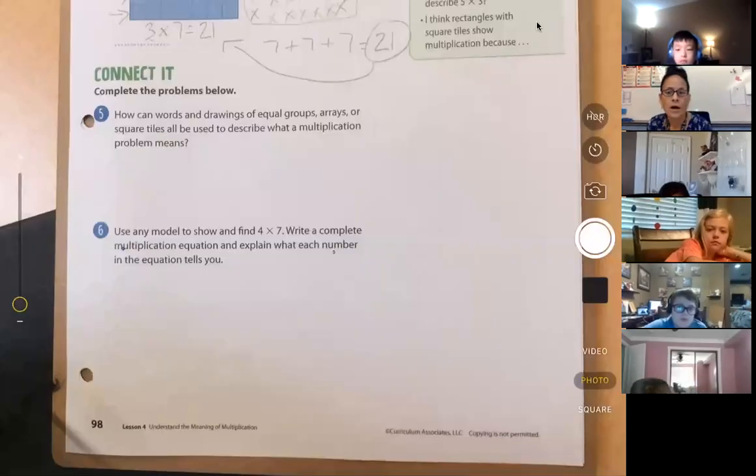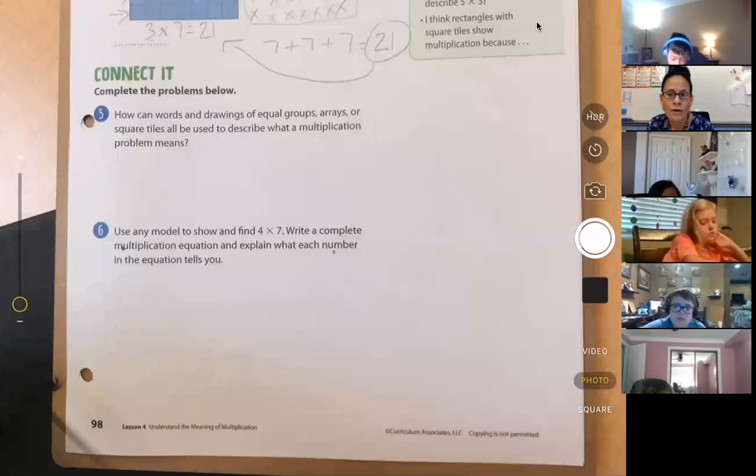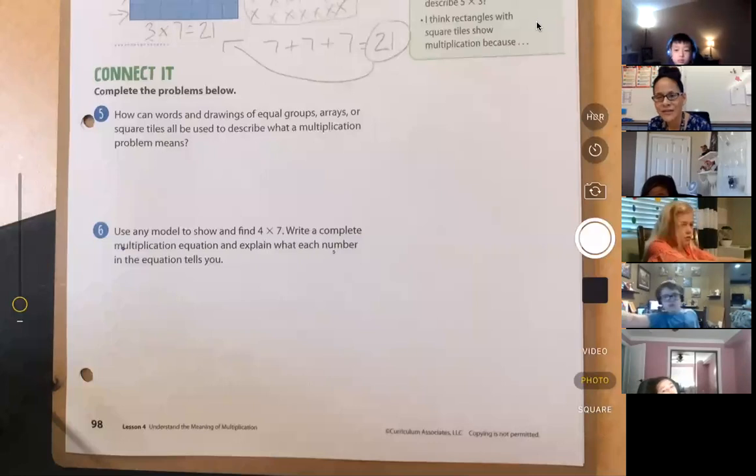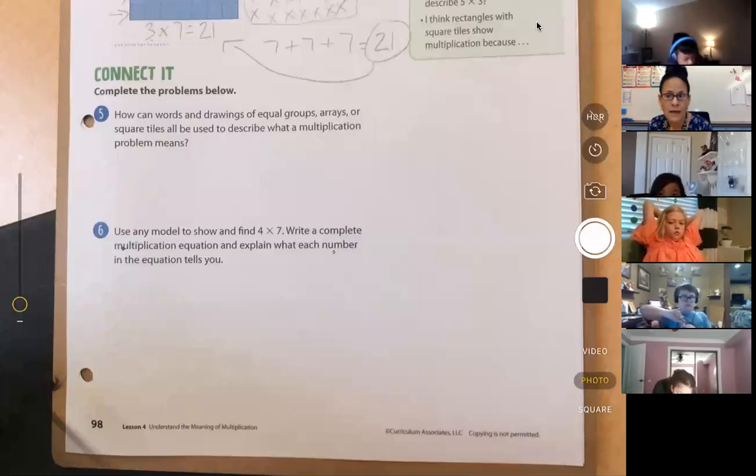Number 6 on page 98 reads, use any model to show and find 4 times 7. Write a complete multiplication equation and explain what each number in the equation tells you. Oh, how I love this question. Friends, lots going on here.